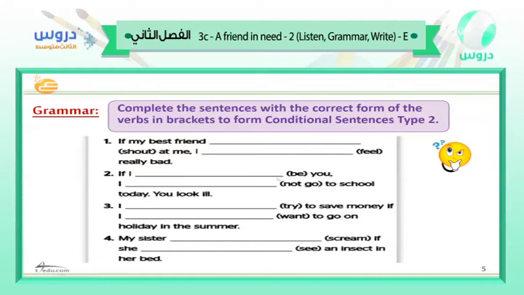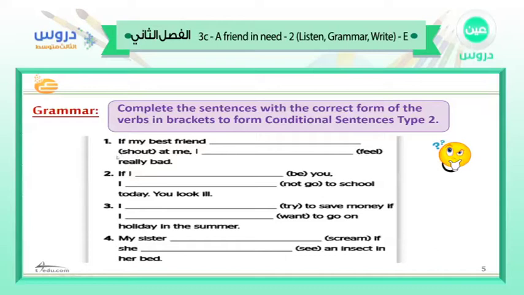Now, we are going to complete the sentences with the correct form of the verbs in brackets to form conditional sentences type 2. Let's keep in mind that the if clause will be in the past simple, and the other clause will be a modal in the past tense plus a base form of the verb. So let's start. If my best friend, here we have the verb in brackets, shout.